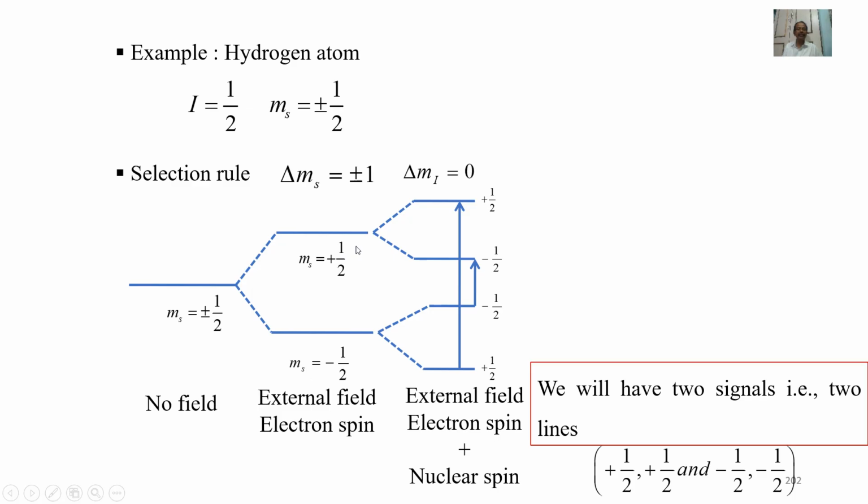Further, when it interacts with the magnetic moment of the nuclei, we have another two lines for each. Using the transitions between these lines, with ΔMs equal to plus or minus 1 and ΔMI equal to 0, we have two intense lines for the hydrogen atom, two signals in the ratio 1:1.